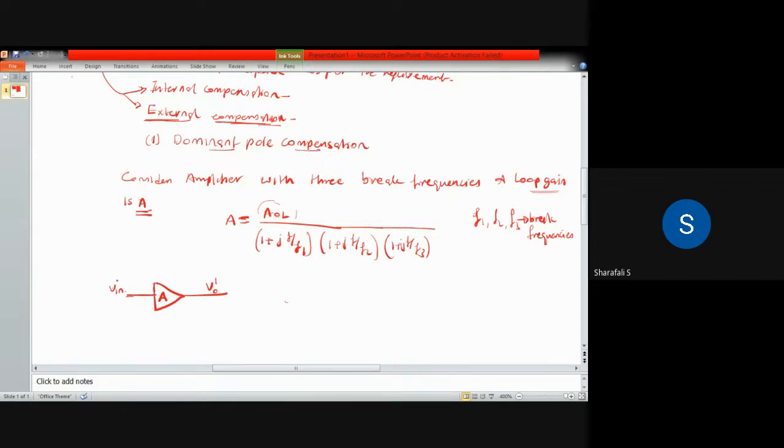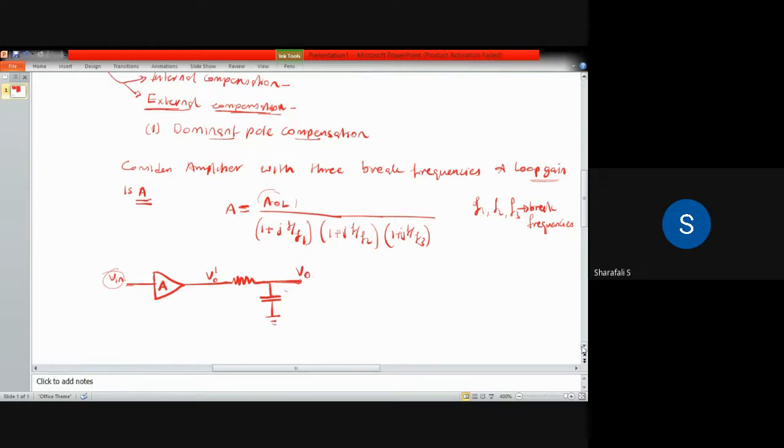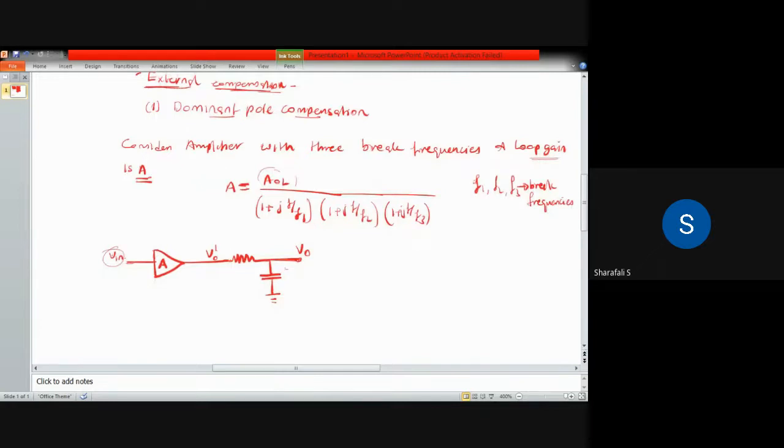So if you provide input Vin into this op-amp with gain A, then we have output V0 dash. And this V0 dash will be given to another network which contains a resistor as well as a capacitor like this, and we will take the final output after these components. This is your final output. So this is the dominant pole compensation.